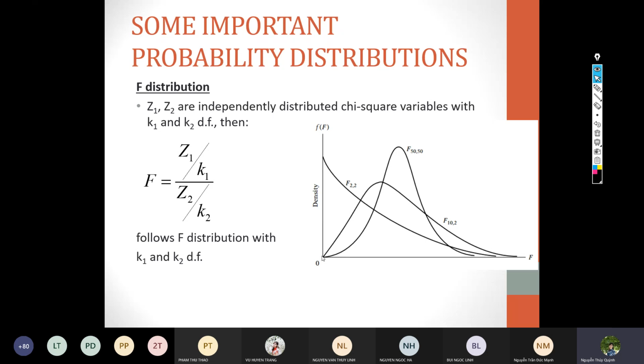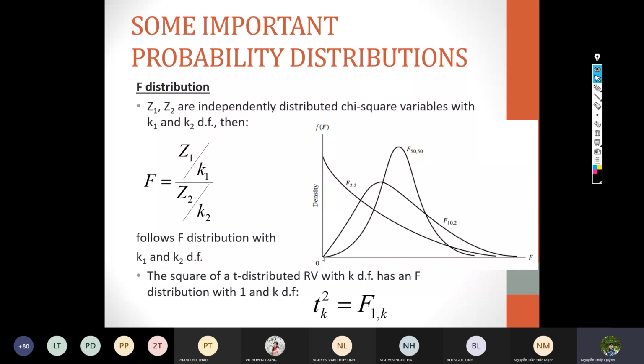The same happens for the Fisher distribution. If x follows a Fisher distribution, then the value of x will be a non-negative number. Okay, this one we can pass.